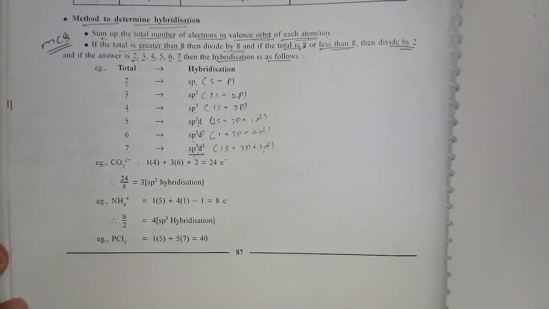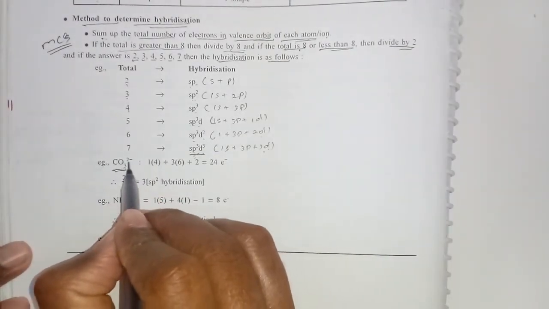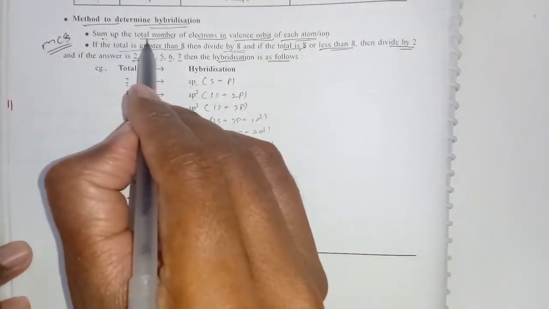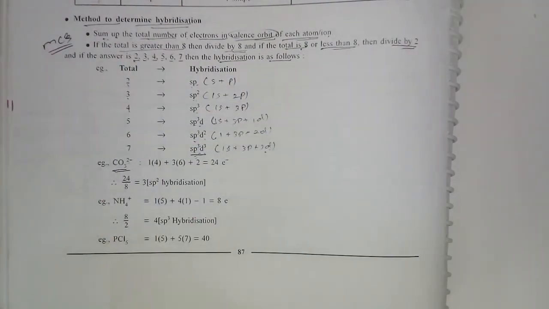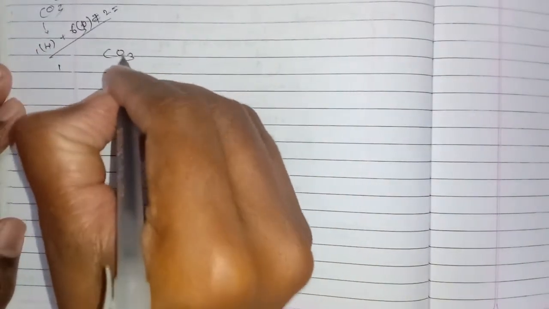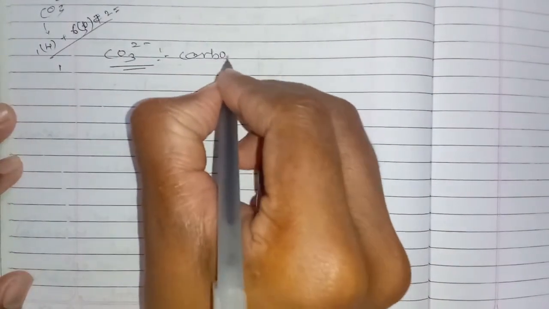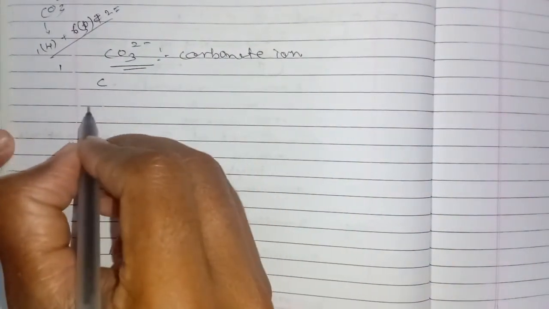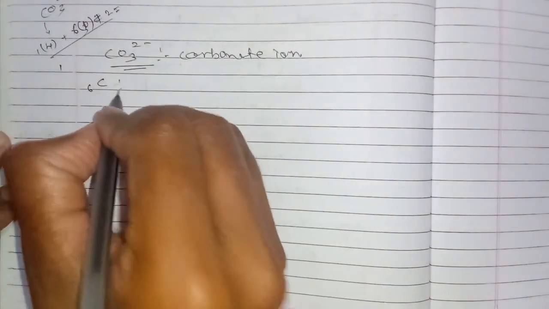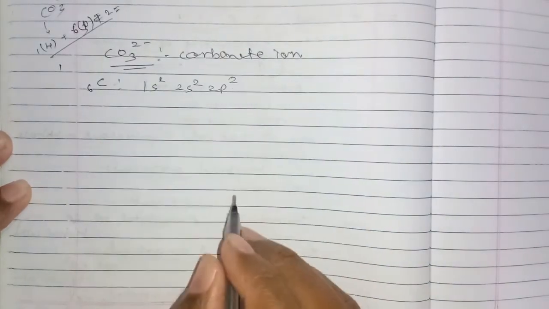Now let's see the example of the carbonate ion, CO3 2-. First of all, find the sum of the total electrons in the valence orbit of each atom or ion. Here the carbon atom's atomic number is 6, electronic configuration 1s2, 2s2 and 2p2.